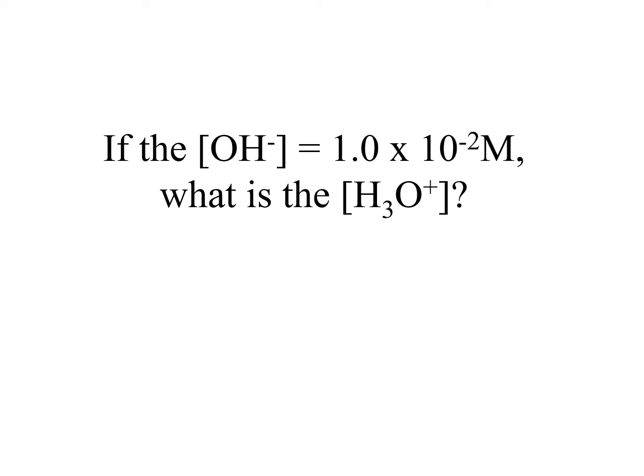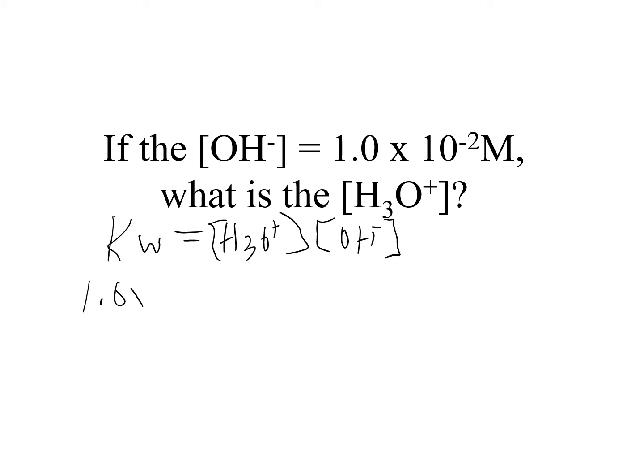If the hydroxide ion concentration is 1 times 10 to the negative 2 molarity, what is the hydronium ion concentration? So again, we're going to use our formula. Kw is equal to hydronium times hydroxide ion concentration. And then we're just going to plug in. Again, you need to know the formula.